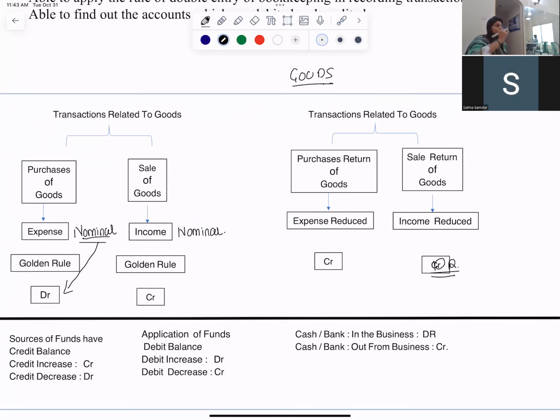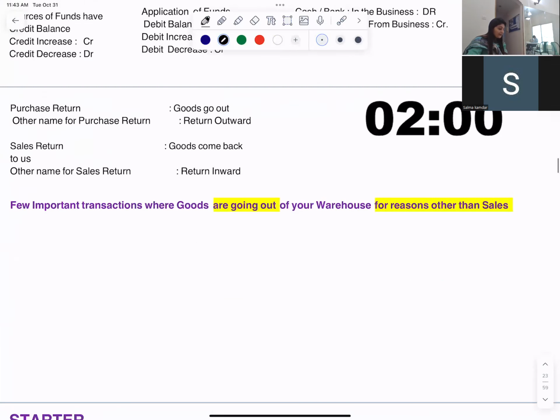If there is anything else mentioned, like purchase machinery, will you use the word purchases? No, you will use the word machinery because that becomes an asset. So when they say the word goods, that means it is purchased to sell. Very good.